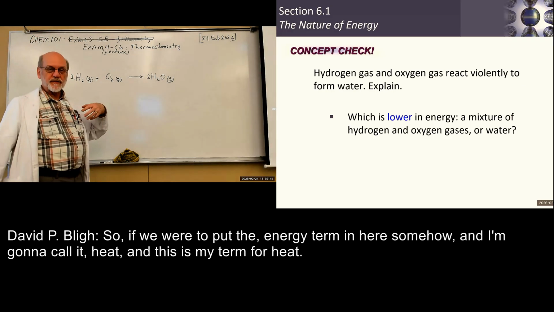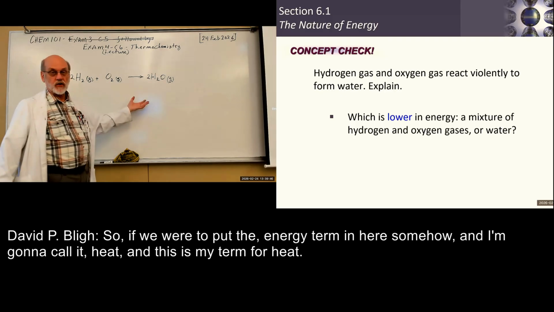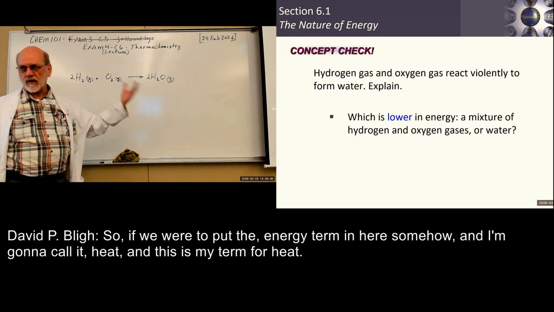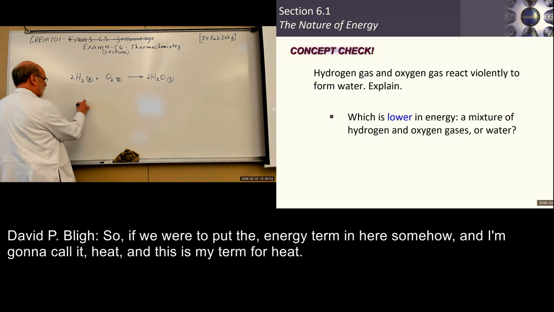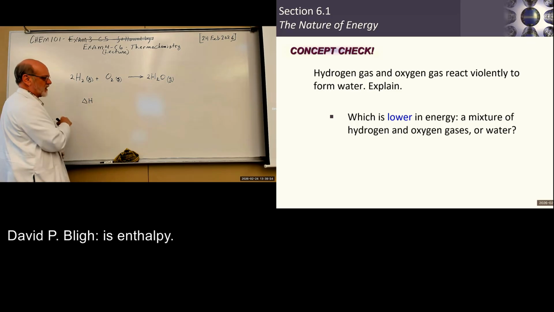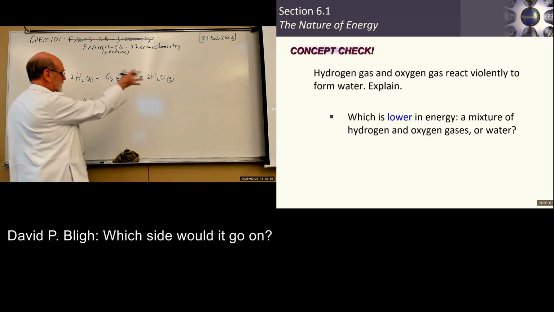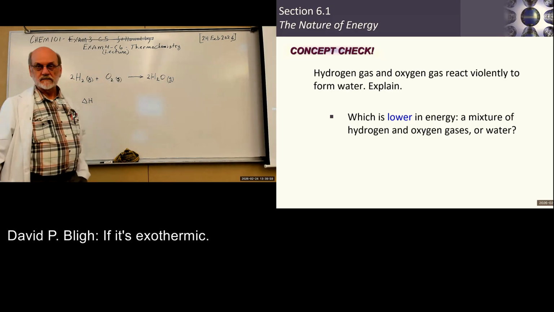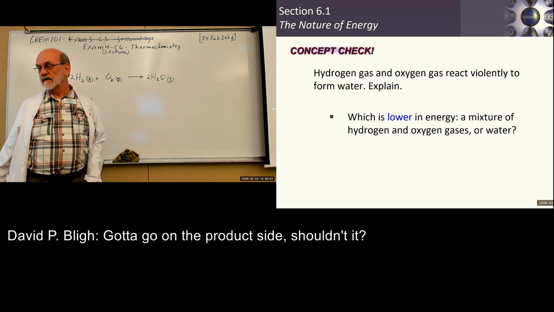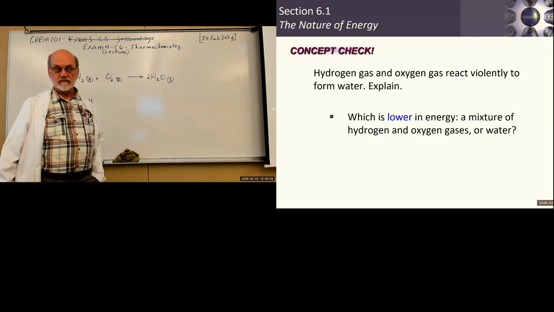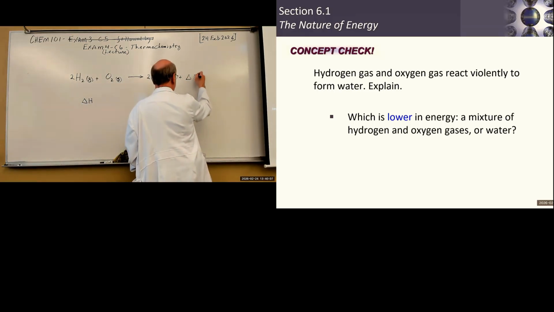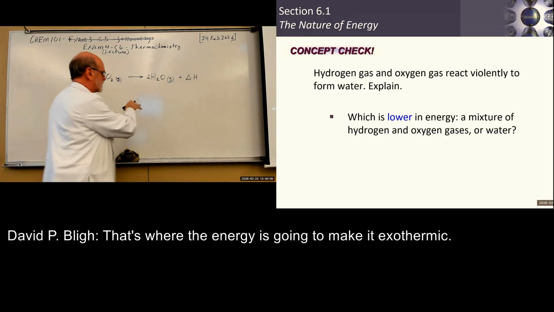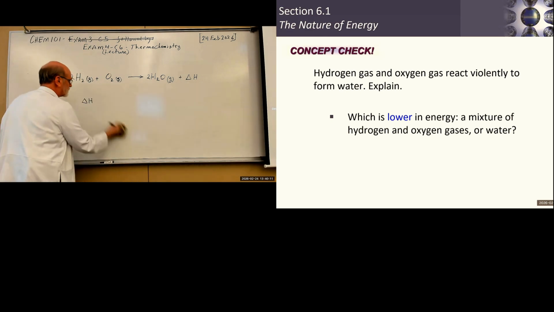So if we were to put the energy term in here somehow, and I'm going to call it heat, and this is my term for heat, enthalpy. Which side would it go on if it's exothermic? That'll go on the product side, shouldn't it? Yeah, it would go over here. That's where the energy is going to make it exothermic.